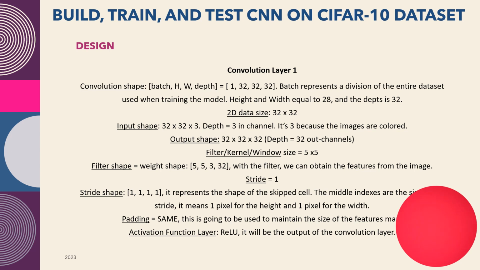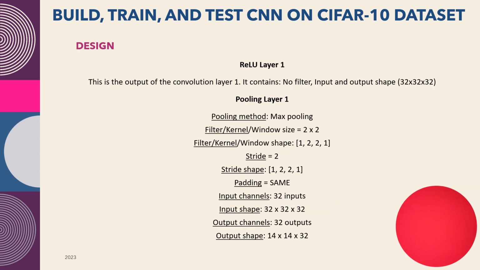The activation function layer will be the output of the convolution layer. As part of the design, the ReLU layer 1 is the output of convolution layer 1. It contains no filter and the input and output shape will be 32 by 32 by 32.